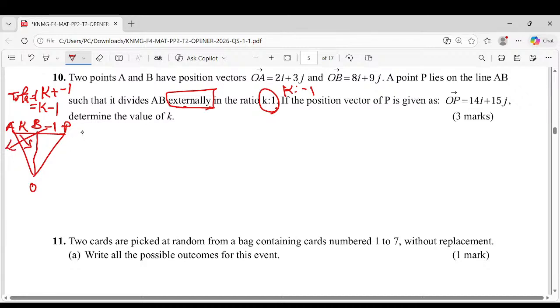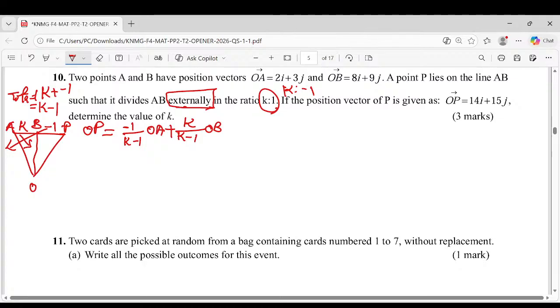So it will mean that OP, applying the ratio theorem, can be given as -1 over the total ratio, which is k minus 1, of OA plus k over k minus 1 of OB. That's how you get OP. When you apply that, OP is 14i plus 15j.